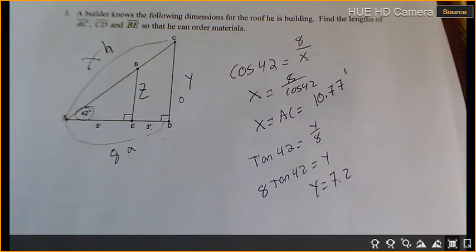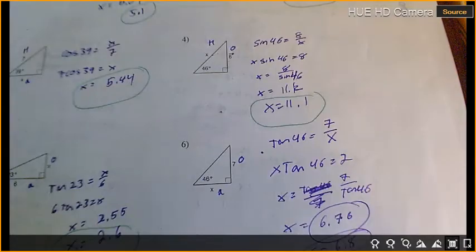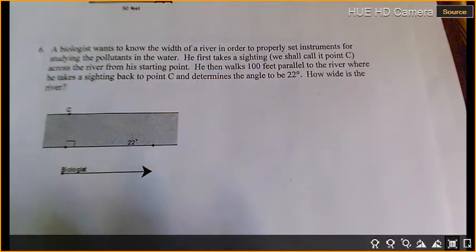Okay, looking through here, is there another word problem? So when you finish, I know some of you are still writing this down. When you're looking through here, is there a word problem that you would like me to do? Number 6? Number 6.